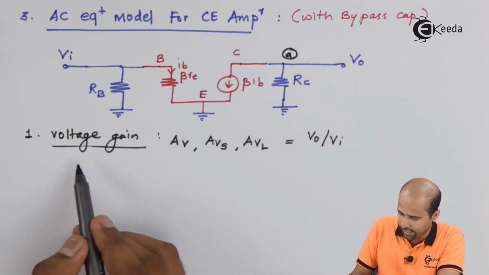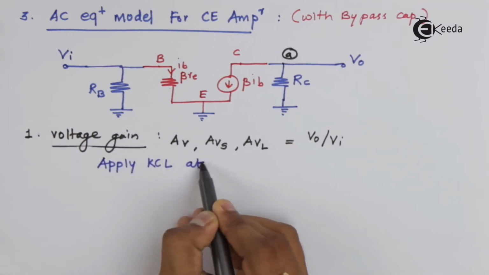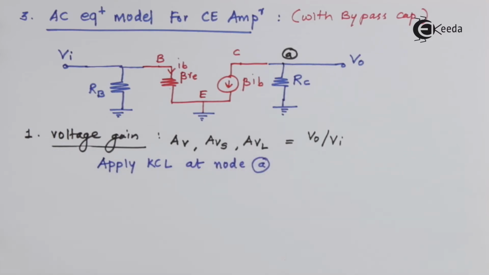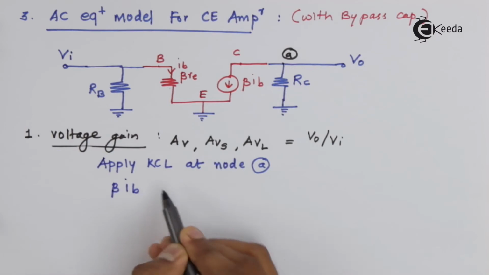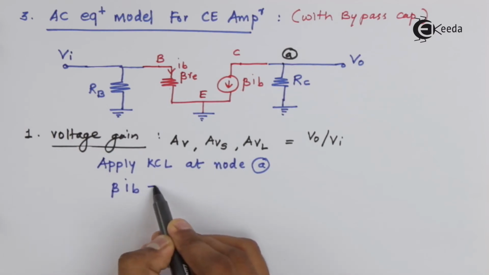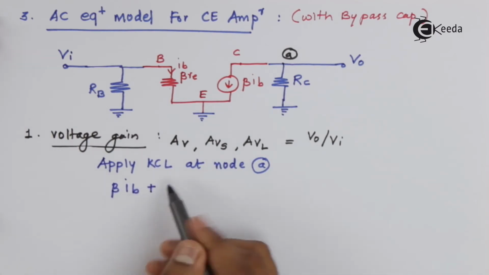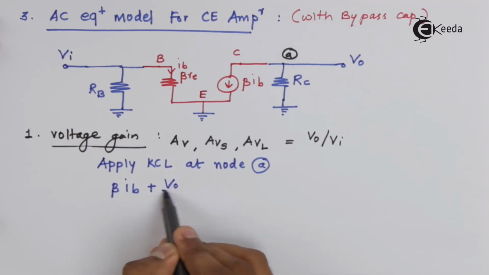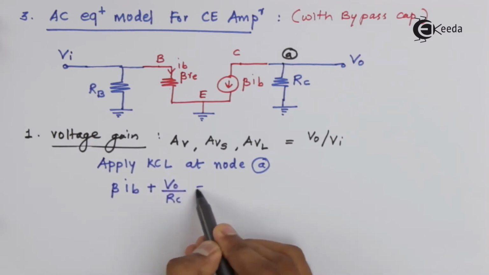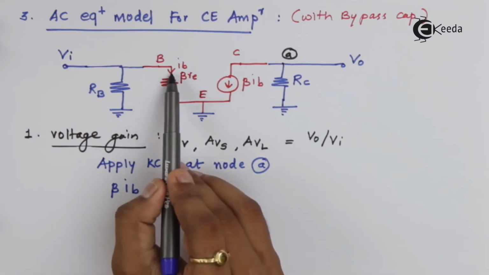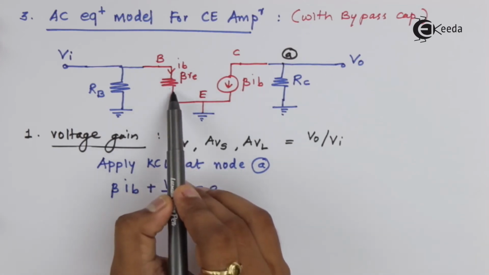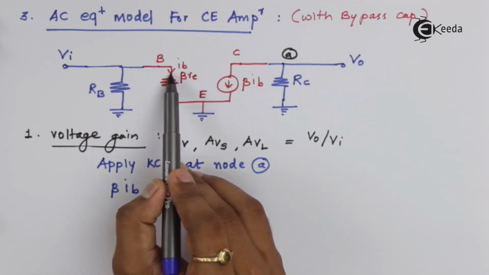So we will apply KCL, and we will be getting that beta into IB plus VO divided by RC is equal to 0. So sweet. We will be getting the value of VO in the form of IB, right? But IB is flowing through beta RE, that is at the input side.